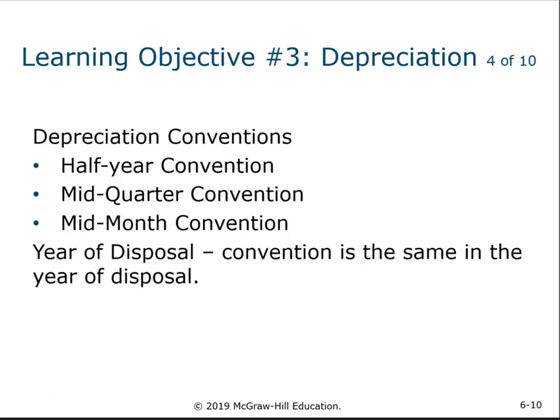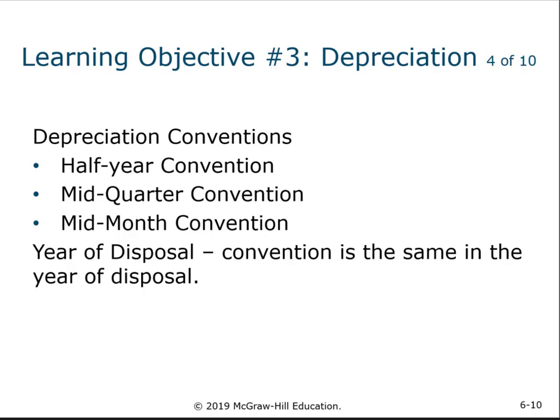So you've figured out the asset, you know its basis, you know how long to use because the IRS gives you a list, and you choose from that list. Then you have to apply a convention. Most of the time, the half-year convention applies. Mid-quarter applies when you buy too many assets towards the end of a particular year.